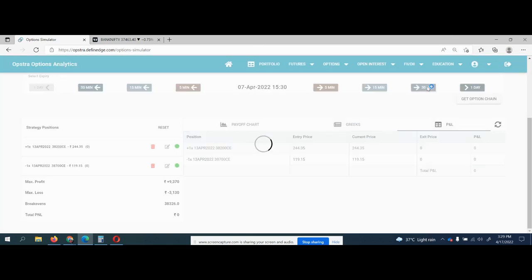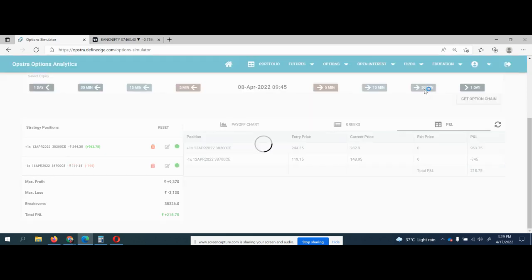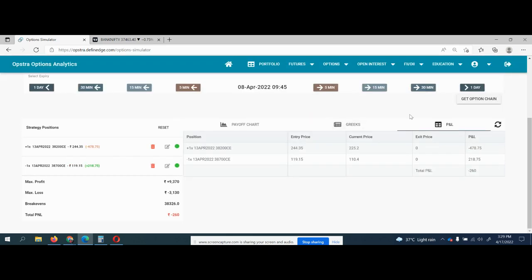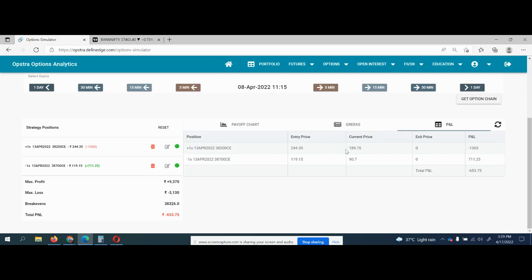I'll go 30 minutes. This is almost the end of the day. This is the next day. It's still 225. It's giving a minor loss. Now again it is giving a profit. Let me quickly go. Just keep an eye. This should not become 124, right?